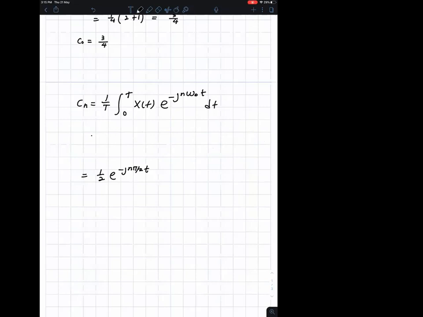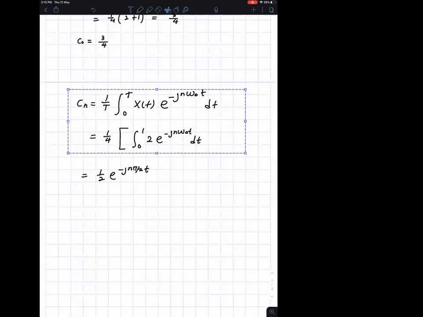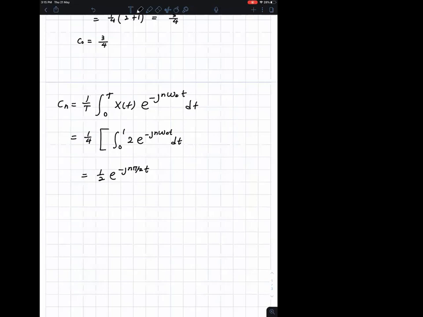So it's going to be 1 over 4, open parentheses, and then integral from 0 to 1, amplitude 2, e to the minus j n omega naught t dt, plus integral from 1 to 2, amplitude 1.